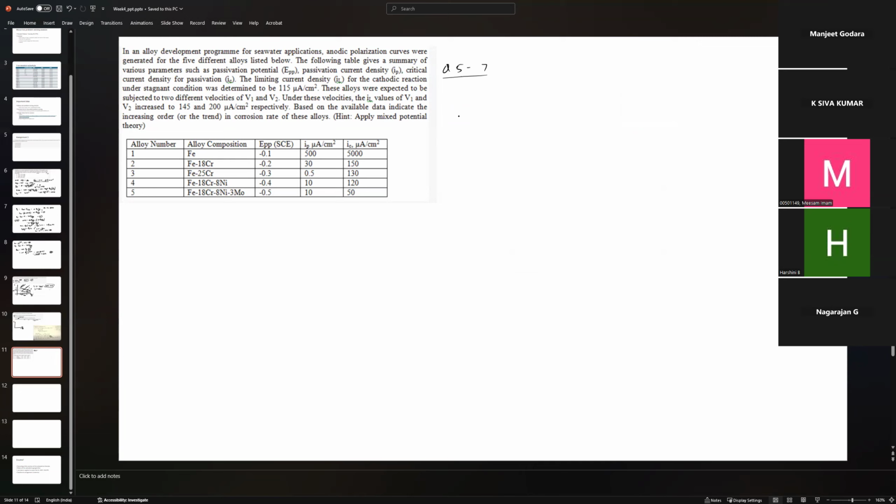These alloys are expected to be subjected to two different velocities. The limiting current density changes to 145 and 200 microamps per centimeter square. Based on available data, indicate the increasing order or trend in the corrosion rate for these alloys.